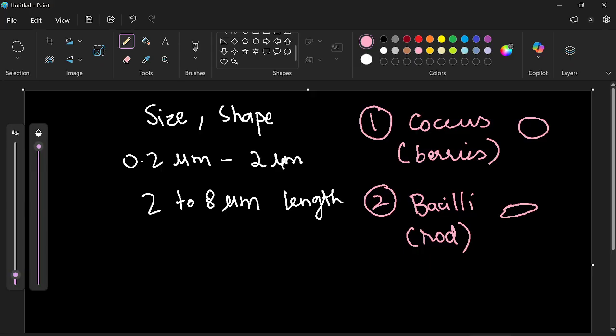Okay, let me do it one more time, a bit more neat. This. So the third one, and basically the last one, is the spiral shape.